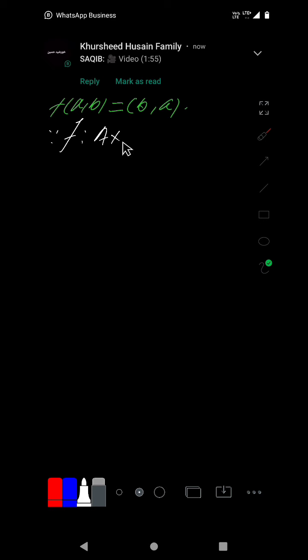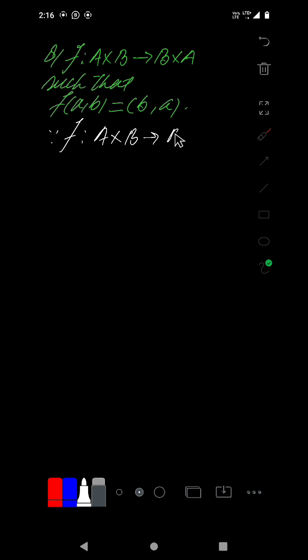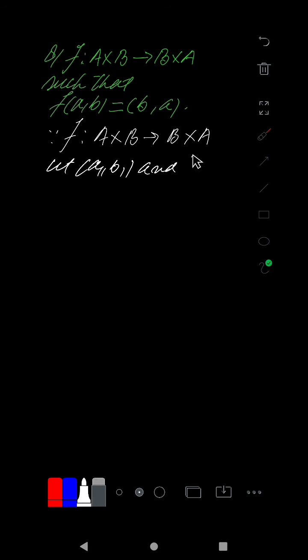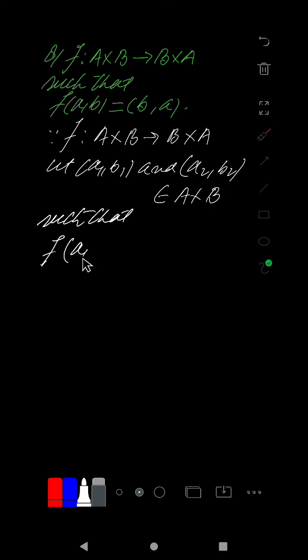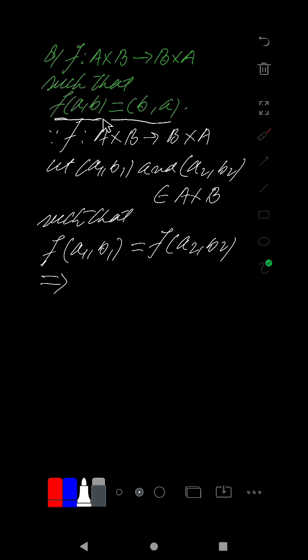f is from A cross B to B cross A. Let us assume arbitrary elements as (a1, b1) and (a2, b2) from A cross B, such that f(a1, b1) is equal to f(a2, b2). As by the definition, f(a, b) is equal to ordered pair (b, a). So f(a1, b1) must be equal to ordered pair (b1, a1).